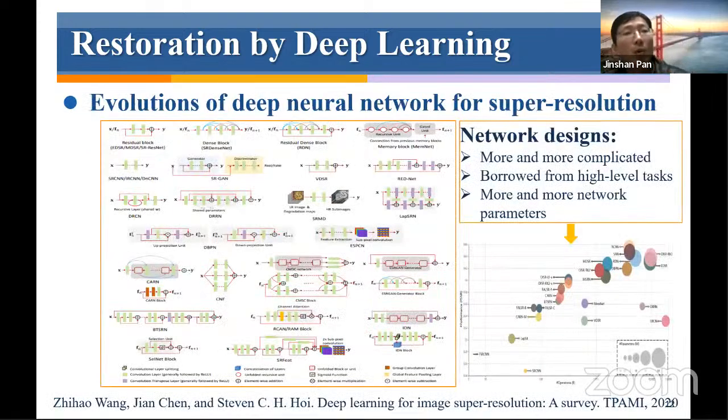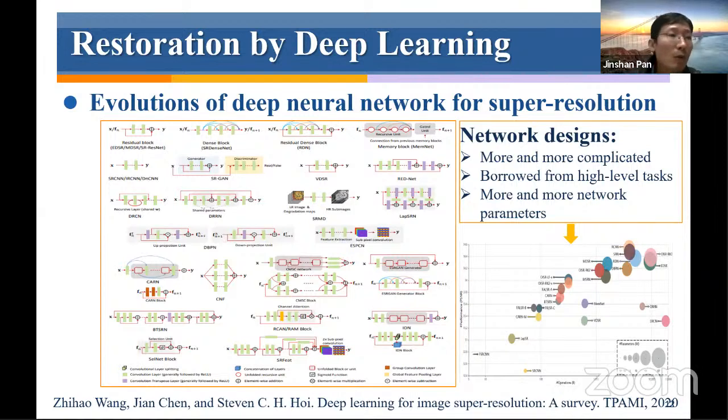And we have also witnessed significant progress in image restoration due to the use of deep neural networks. And here are listed the evolutions of the deep neural networks for image super resolution based on this survey paper. And we can see that the network designs become more and more complicated.